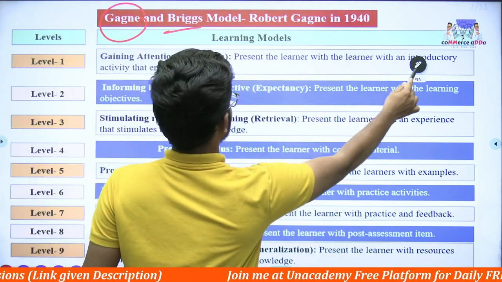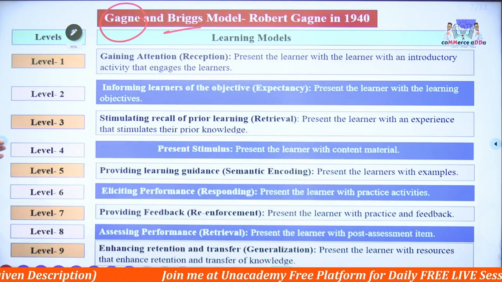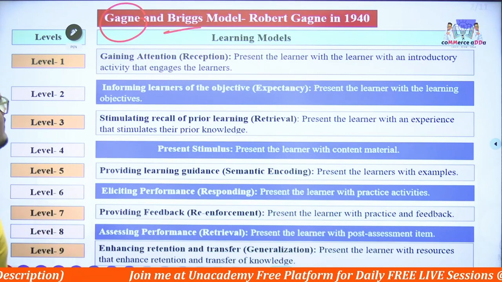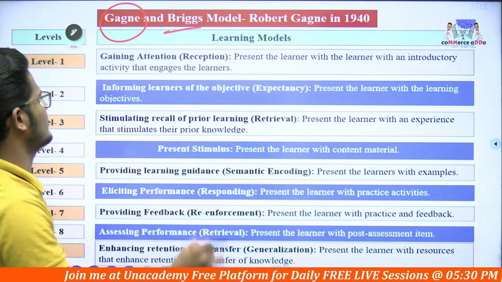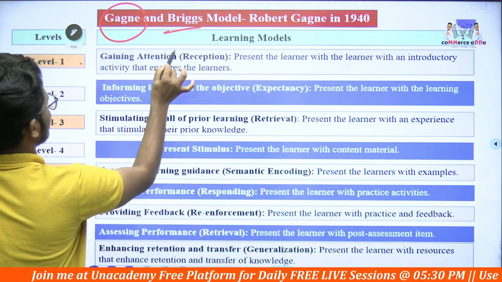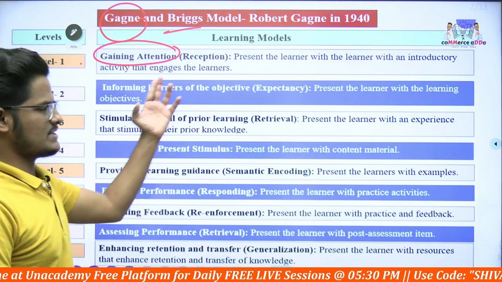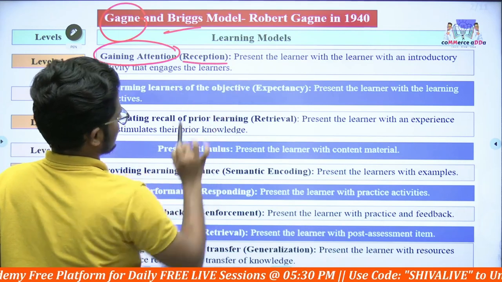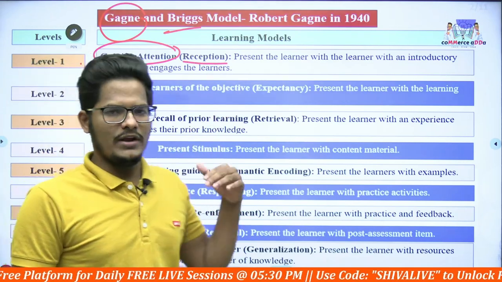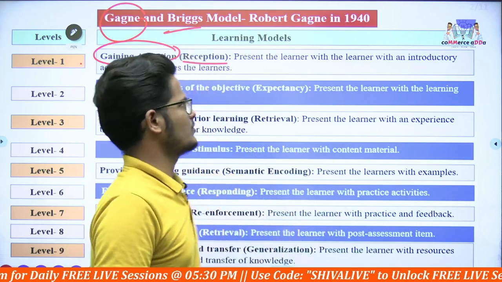So guys, these are levels 1, 2, 3, 4, 5, 6, 7, 8, 9. The first level is gaining attention. In the learning process, first we have to get reception. How do we present the material in front of the learner or a student?